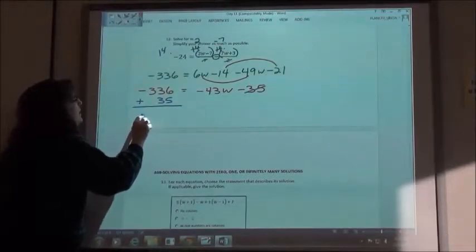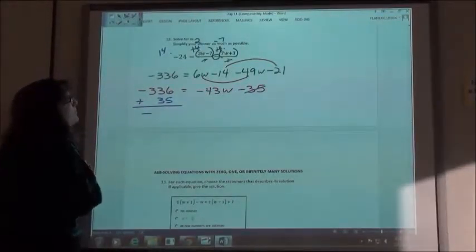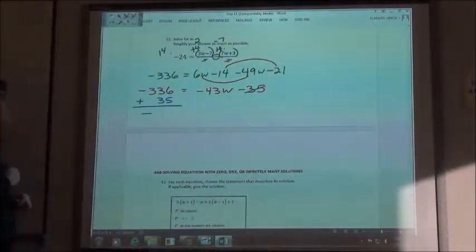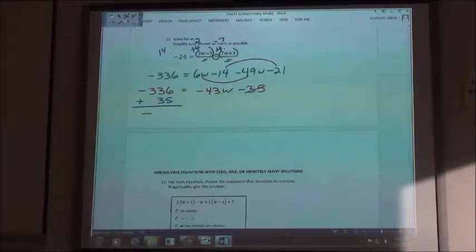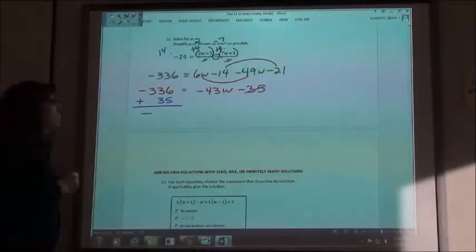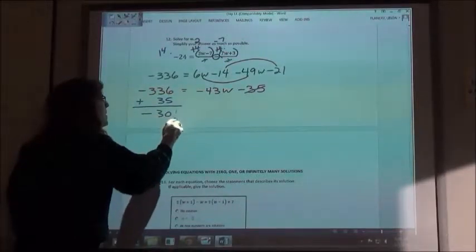So negative 331. Subtract that again, or add, minus 336. Oh, positive. Plus 35 is gonna equal 301.